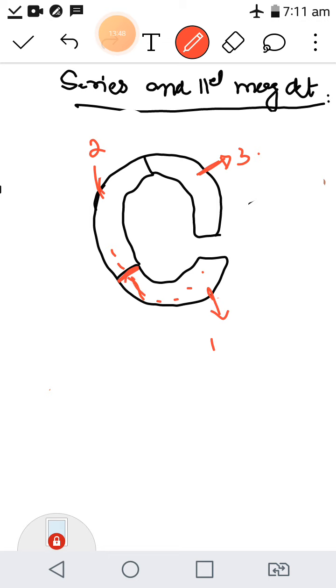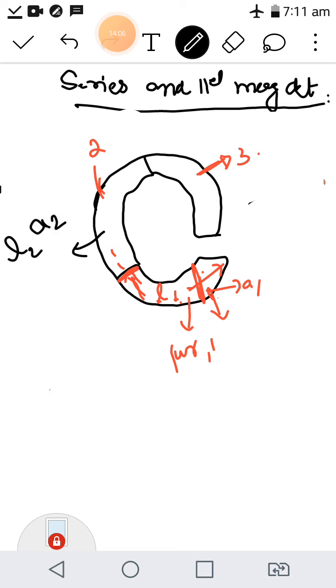Each material has its own length L1, its own area A1, and its own relative permeability mu r. The first magnetic material has L1, A1 and mu r1. The second magnetic material has length L2, area of cross section A2, and relative permeability mu r2. Similarly L3, A3 and mu r3, and this is the air gap.